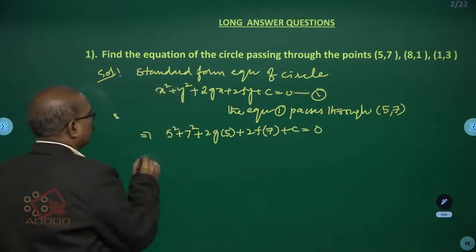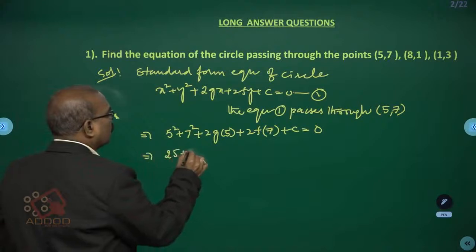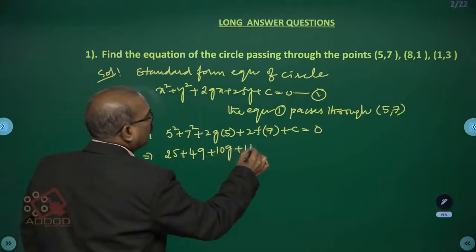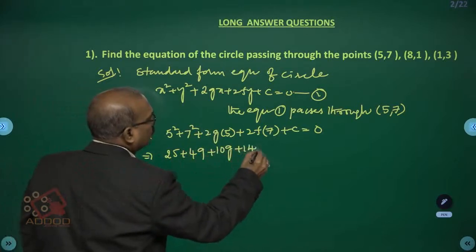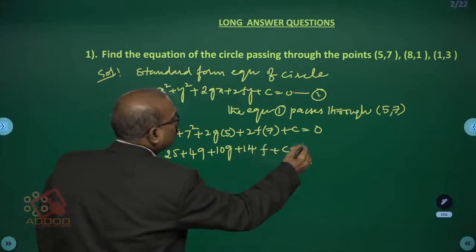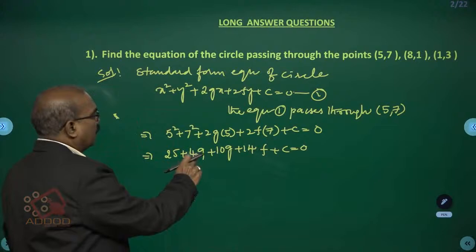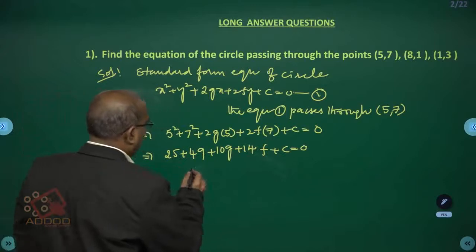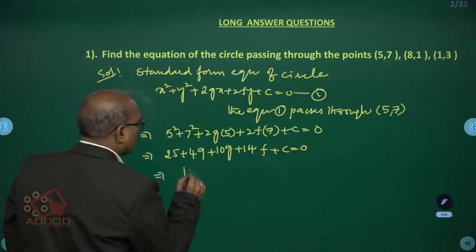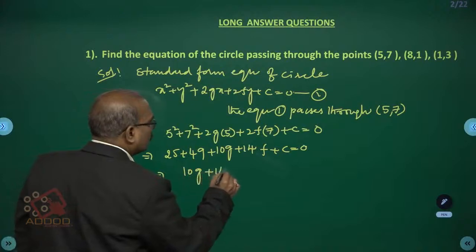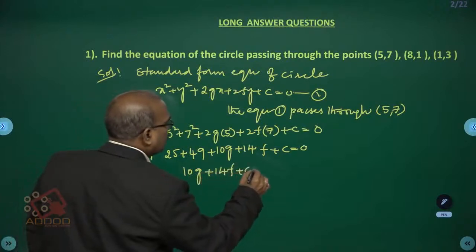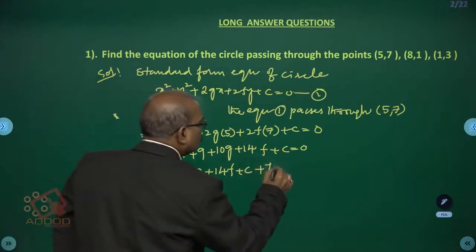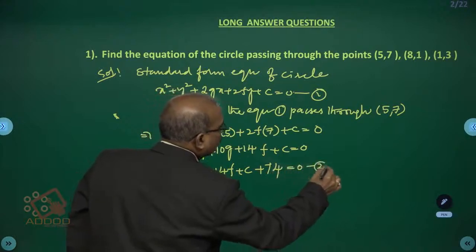That is 25 plus 49, 7 square is 49, plus 10g plus 14f plus c is equal to 0. So 49 plus 25 is 74. Now that is 10g plus 14f plus c plus 74 is equal to 0, equation 2.